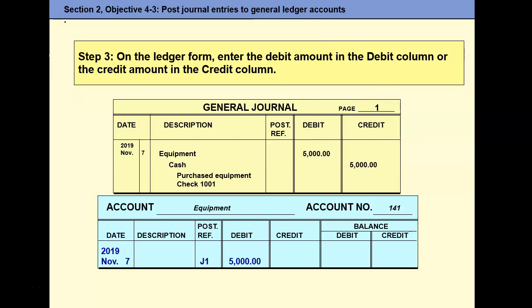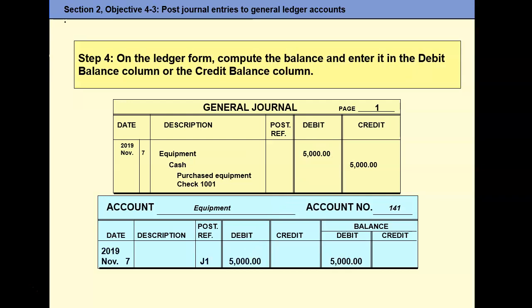Whatever took place in the journal, record it on the same side of the ledger. So for this first transaction, the equipment account was debited for $5,000. Therefore, we're going to record the $5,000 on the debit side of the equipment ledger account. Again, we're just transferring the information from the journal into the ledger account.